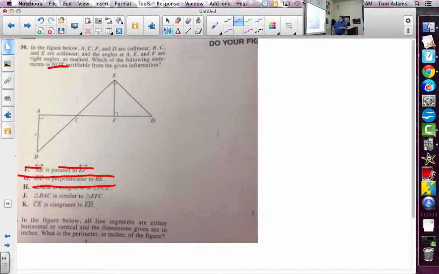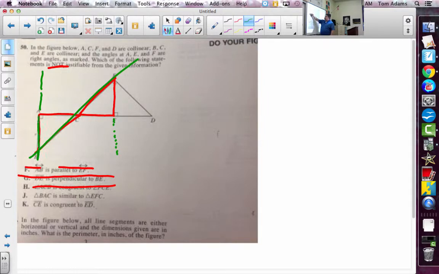Triangle BAC is similar to EFC. So BAC is similar to EFC. How do I prove that? Well, you guys are saying yes, but let's just think about it real quick and go through the motions.